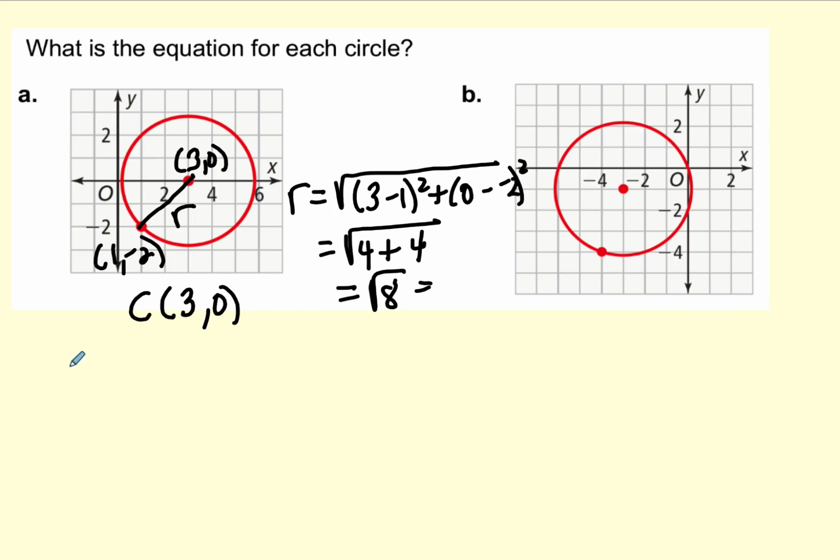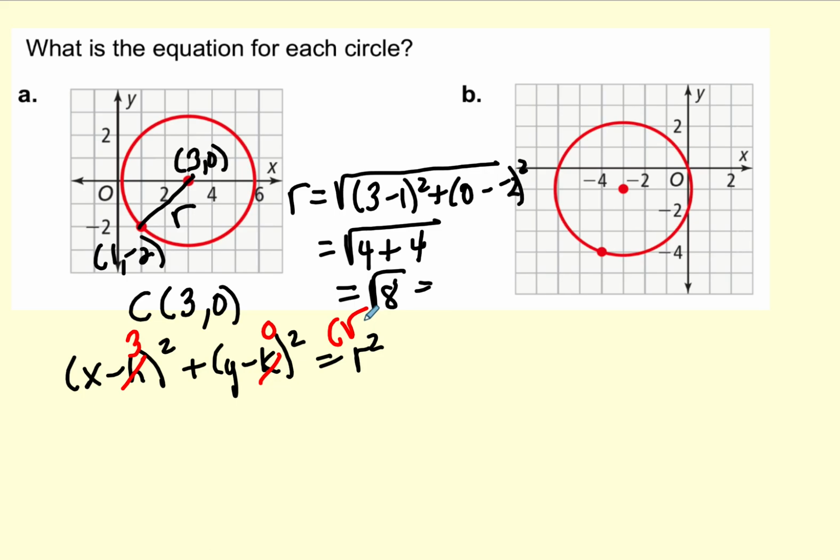So this is going to be x minus h squared plus y minus k squared is equal to r squared. So our h here is 3, our k is 0, and inside the parentheses will be root 8 when we square it. So let's clean it up and write it up.